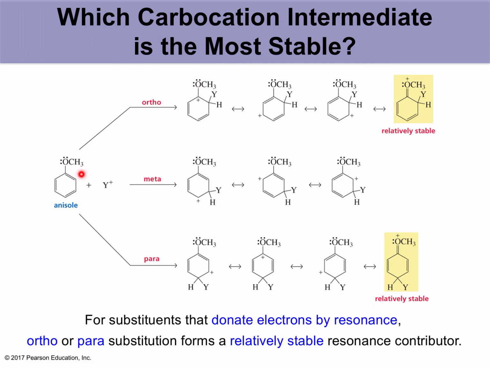Let's say you do this reaction, meaning adding the Y, which is your electrophile, onto this molecule anisole. Anisole has a methoxy group attached to benzene, and this is an activating group. Remember, this can activate the benzene ring by resonance. If it goes to the ortho position, where are we going to have the positive ion? Right next to the oxygen.